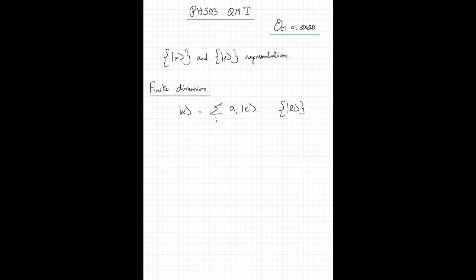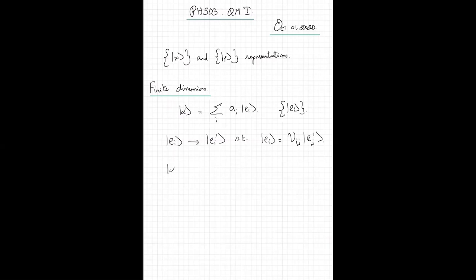And I can always go to a new basis set, e_i goes to e_i prime, such that they are related by some unitary transformation. e_i, let us say, is equal to some U_ij e_j prime, okay, where the summation over j is implied.